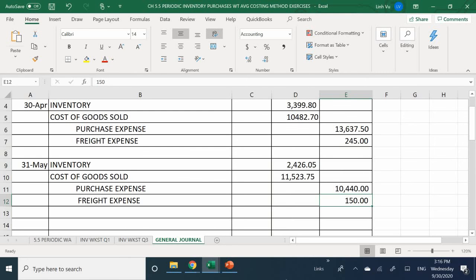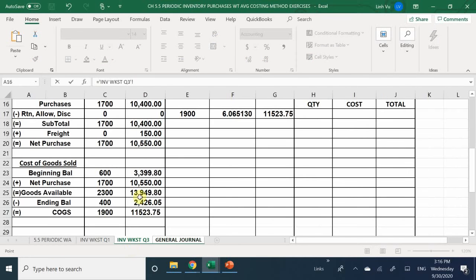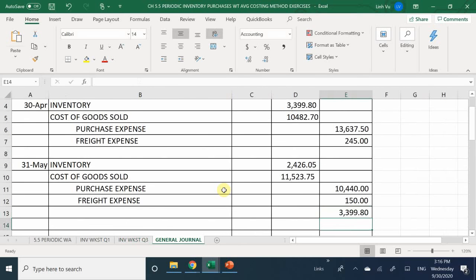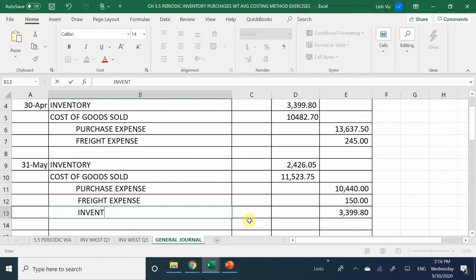So yes, it is going to be the 3,399.80. And that's also going to be listed as inventory, but on the credit side. Good, because we sold those items, right? Correct. Yes.